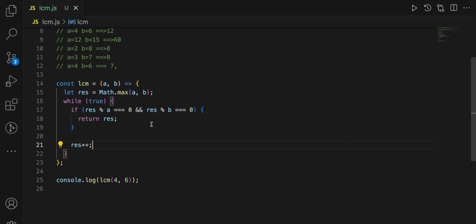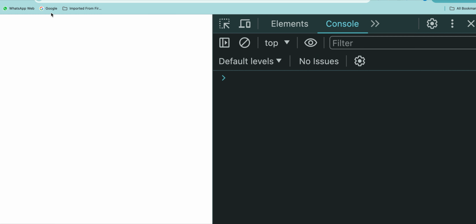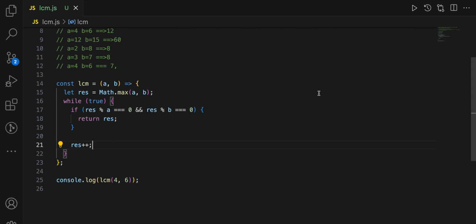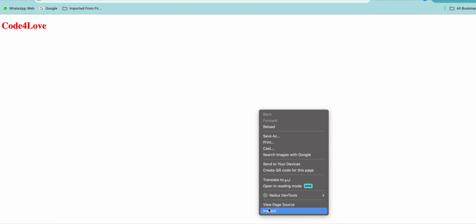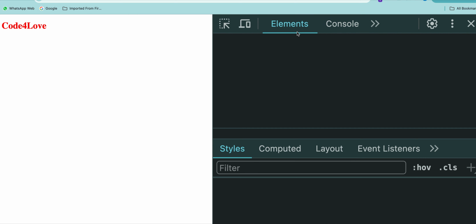We enter the if block and return the response. Let us check for 4 and 6 whether it is working or not. Let me refresh the page, dispose, restart the server and inspect it.